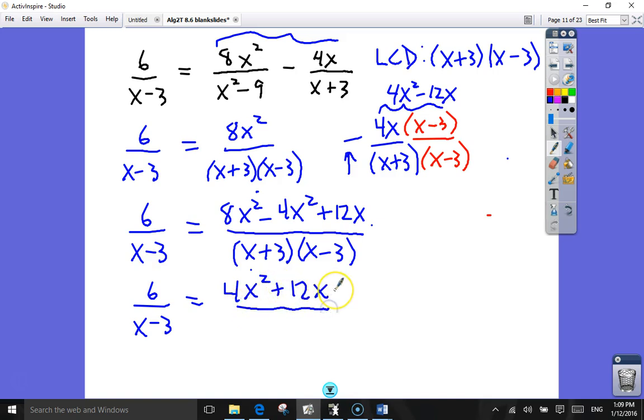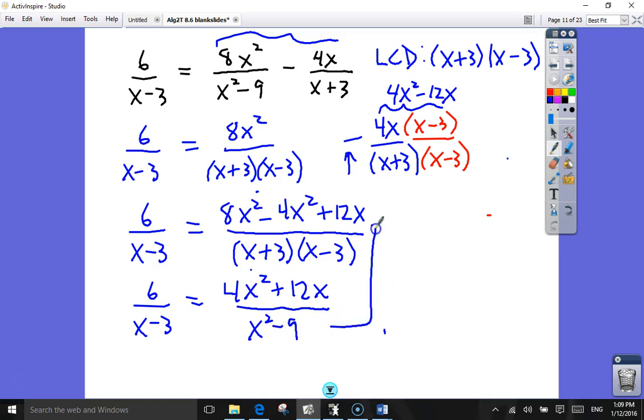And you know what? When I cross multiply, I really need to simplify this anyways. But we know x plus 3 times x minus 3, that's the factoring of the difference of squares. So let's just go backwards and make that x squared minus 9.